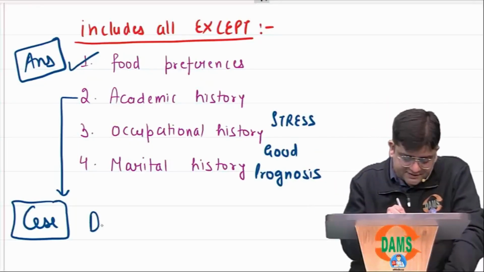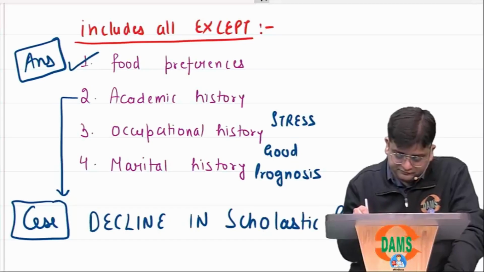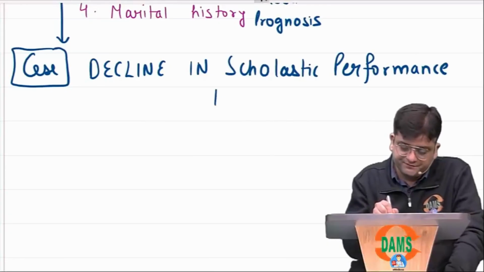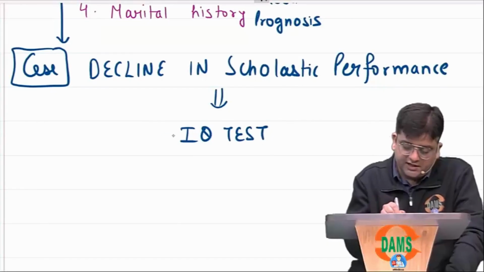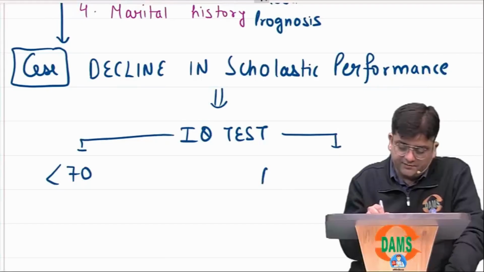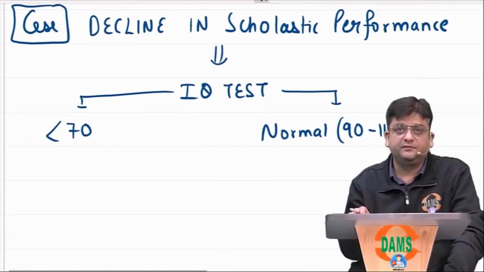Let's write this case. So the case is decline in scholastic performance. What is the test to be done? IQ test. IQ can be below 70 or IQ can be normal.